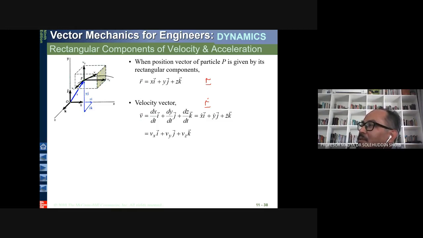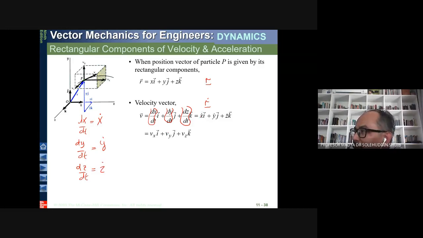So v equals dr/dt, which is dx/dt i, dy/dt j, and dz/dt k. So what is dx/dt? It is x dot. dy/dt is y dot, and dz/dt is z dot.